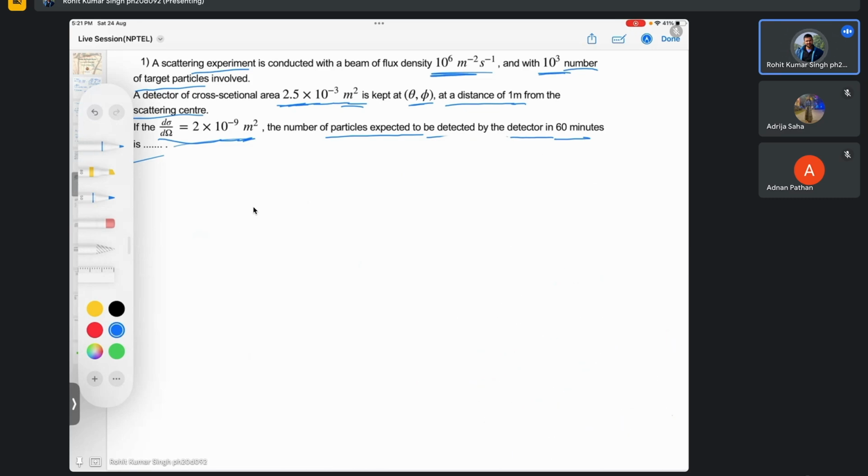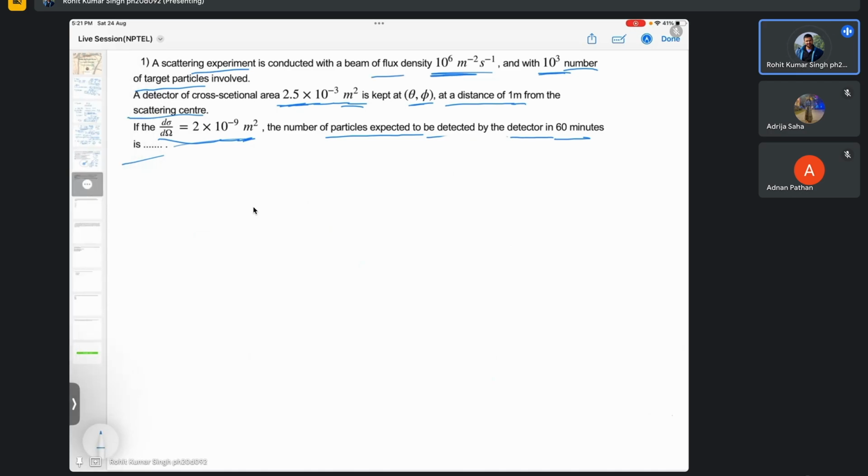So let's do it again. The problem says that there is a beam of flux density 10 to the power 6, which means 10 to the power 6 number of particles are incoming per unit area per second.